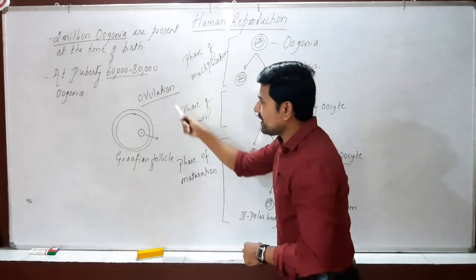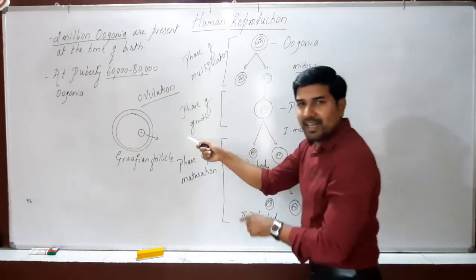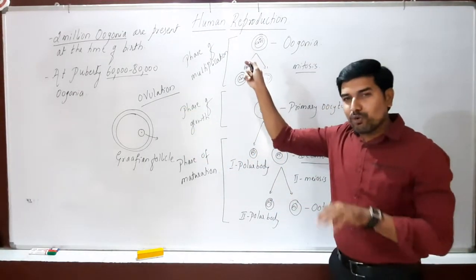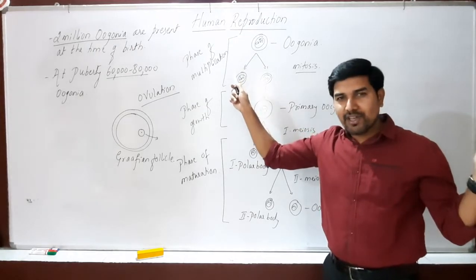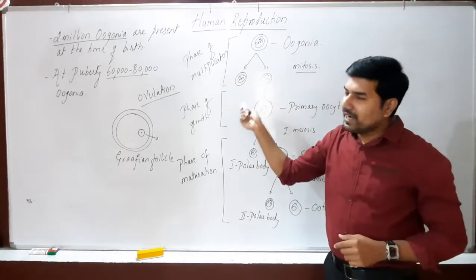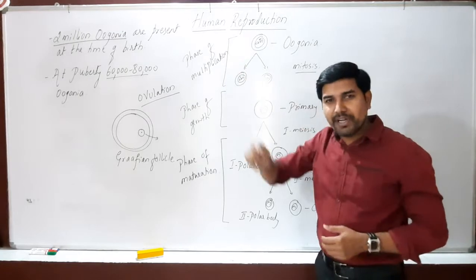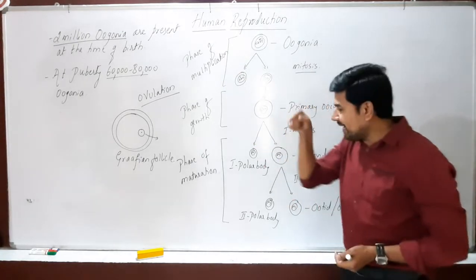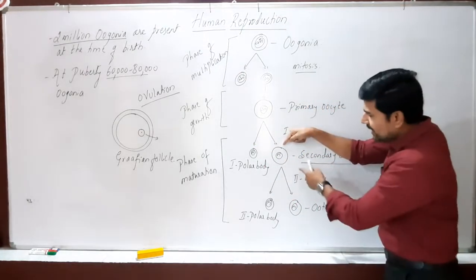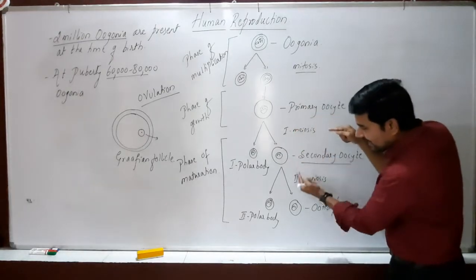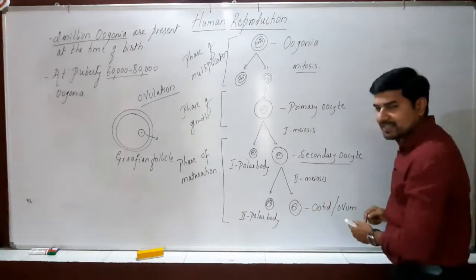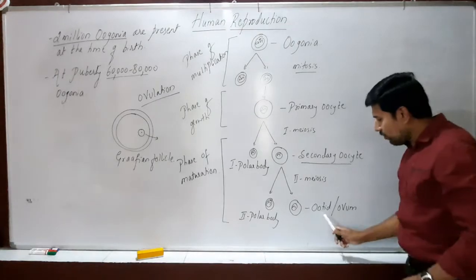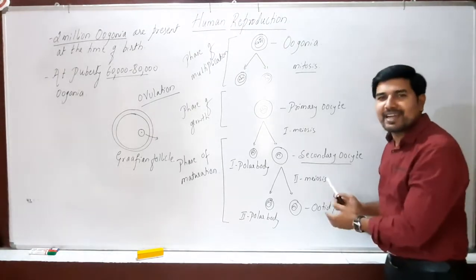The process is termed ovulation. After ovulation, the ovum enters the fallopian tube. Remember, we have already studied the structure of the female reproductive system. In the fallopian tube, if the sperm enters this cell, then this secondary oocyte undergoes the second meiotic division, and it completes the second meiotic division to form a functional ovum. This ovum gets fertilized with the sperm.